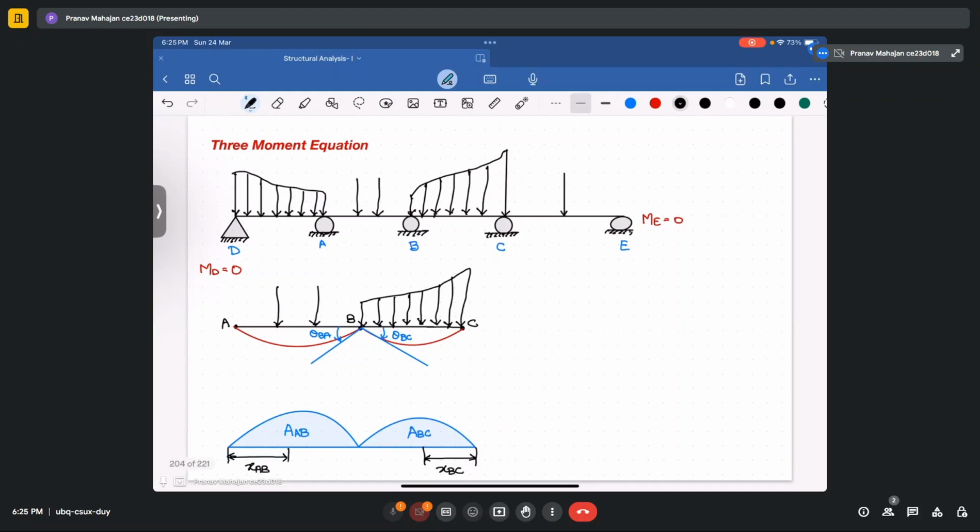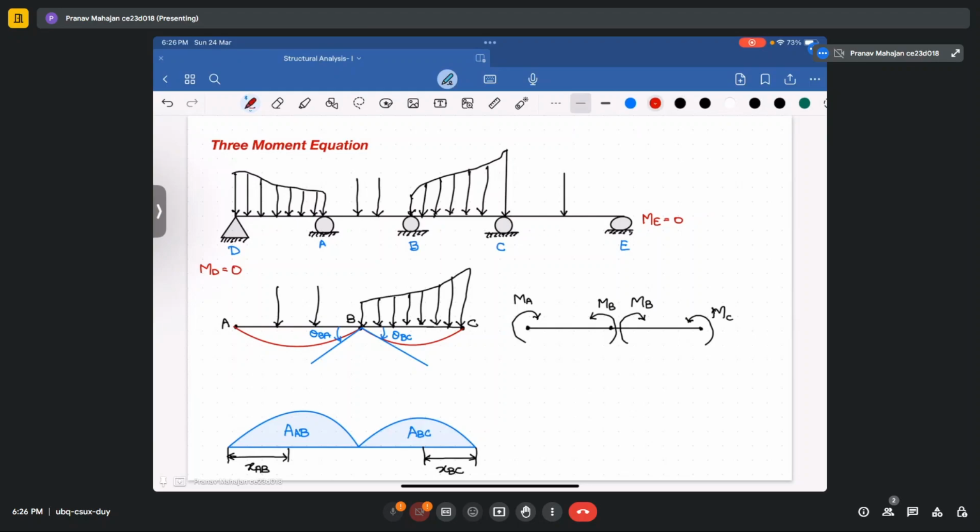Now, due to these hinge points A, B, C, the moments here will be, this will be your MA, then this will be your MB, and this will be your MC.